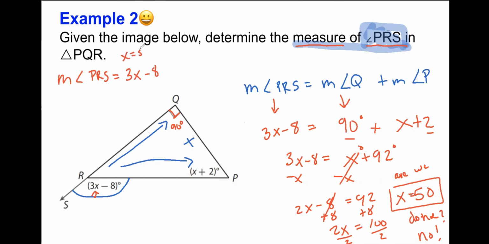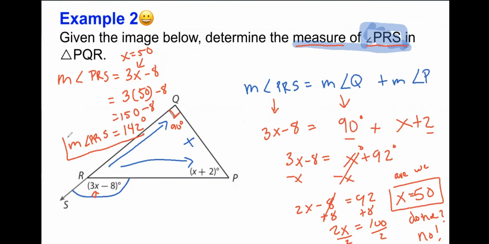We said that x equals 50, so let's substitute that into our expression: 3 times 50 minus 8. 150 minus 8 gives us 142, if I'm not wrong. Yeah, 142 degrees. So the measurement of angle PRS is 142 degrees.